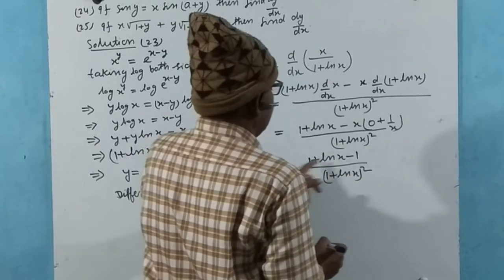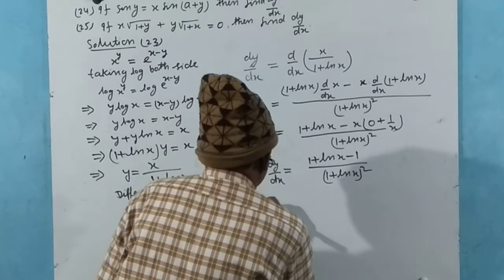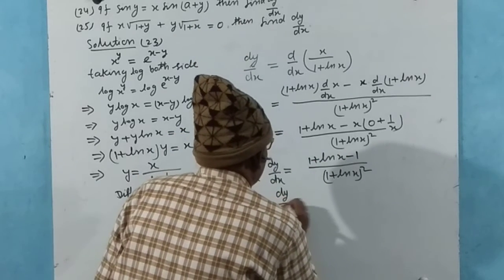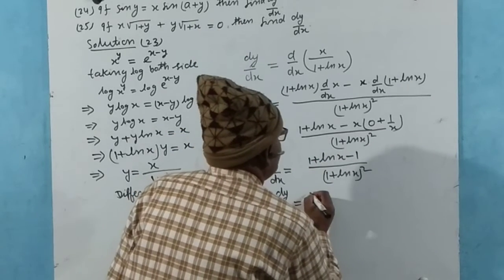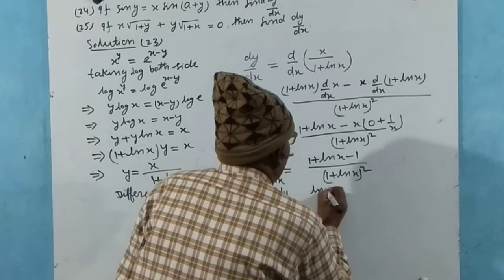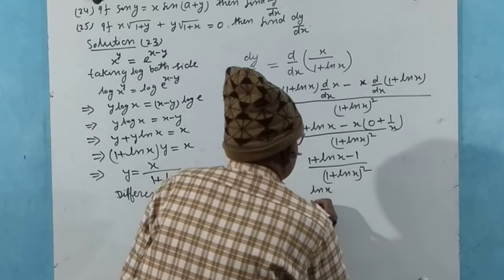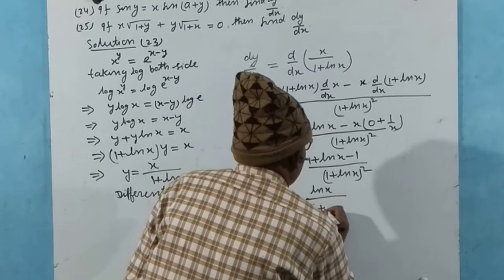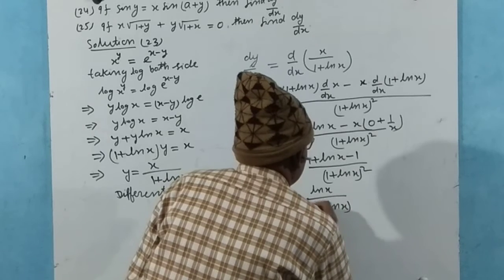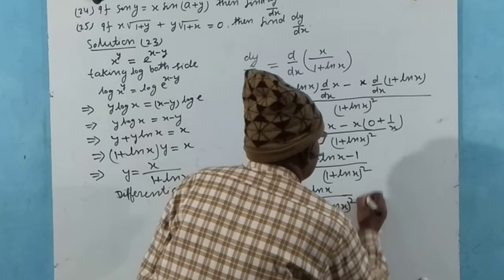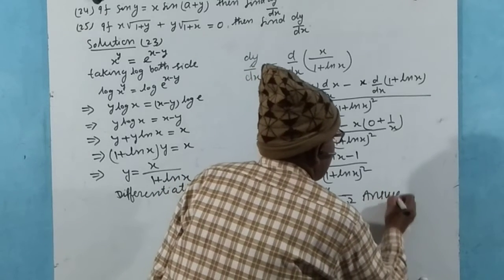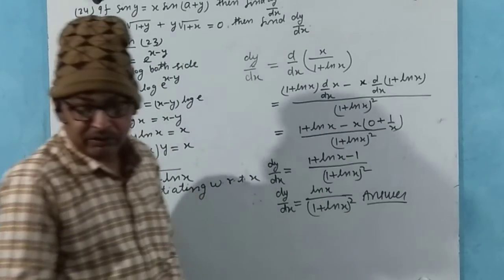And now this and this cancel, so that we get dy by dx equal to log x divided by 1 plus log x whole square. This is our answer.